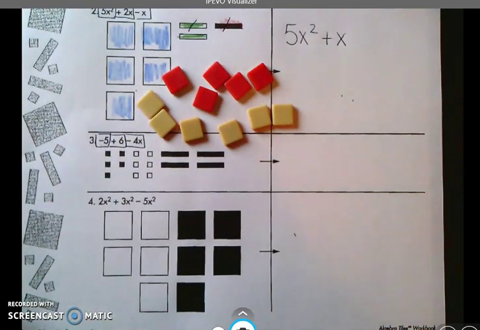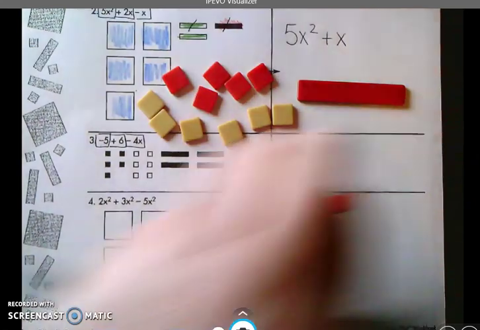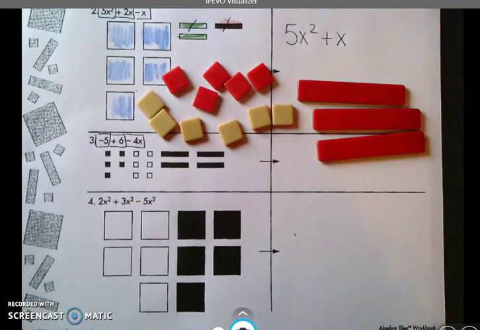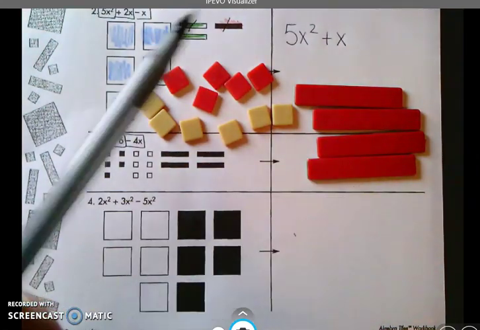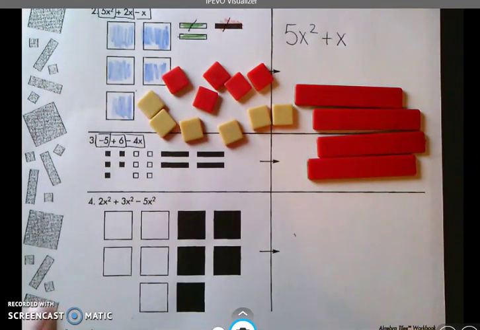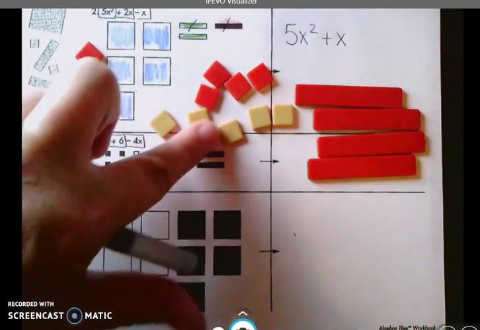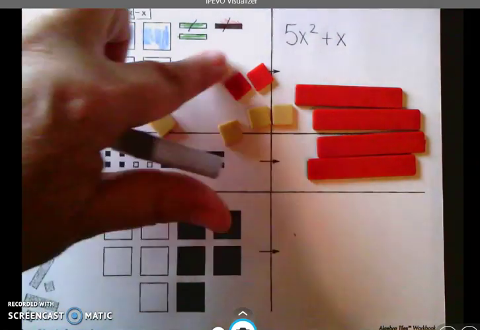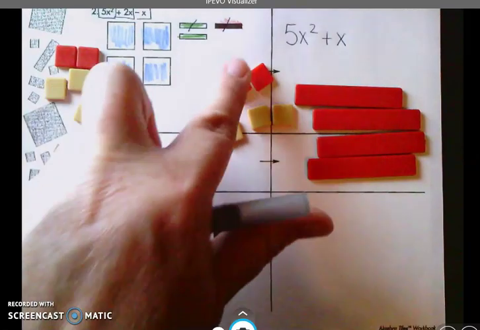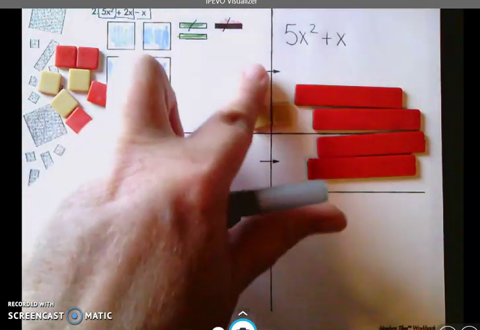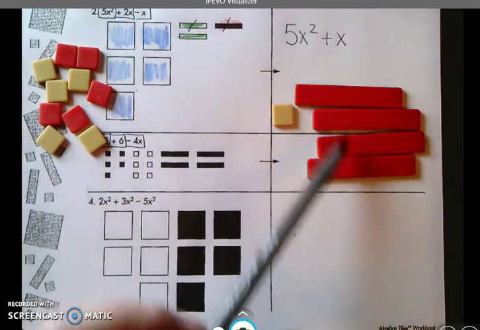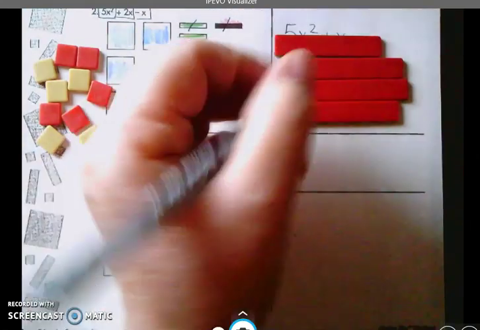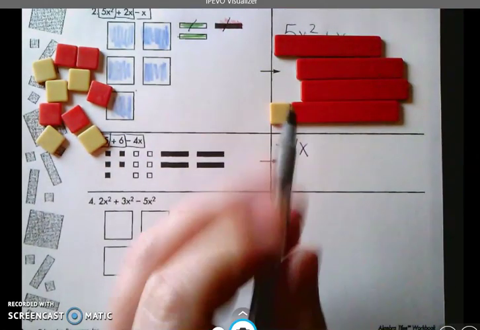And minus 4x, which is 4 rectangles. Okay, and none of these can cancel out, but over here, I can cancel a bunch out. These cancel, those cancel, these cancel, those cancel, and those cancel. So what I'm left with are 4 red x's, so that's -4x, plus a positive 1.